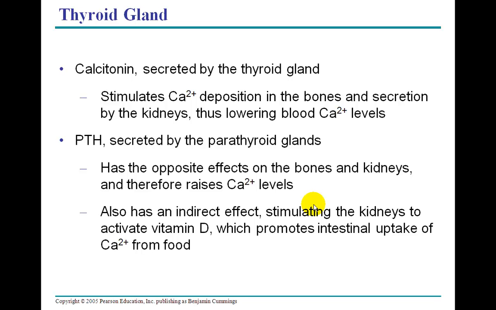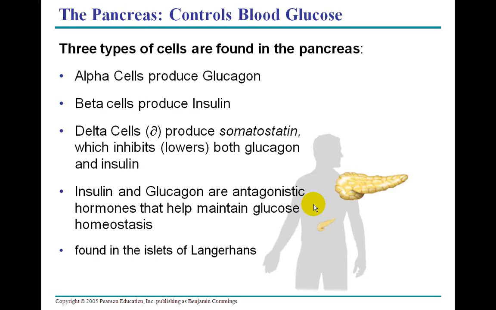The parathyroid hormone, secreted by the parathyroid glands, has the opposite effects on the bones and the kidneys, and therefore it raises the calcium levels. It also has an indirect effect, stimulating the kidneys to activate vitamin D, which promotes intestinal uptake of calcium from food. So you're getting more calcium from your food rather than excreting it through the kidneys. We're going to go through this in class, because I want to make sure we understand feedback loops.